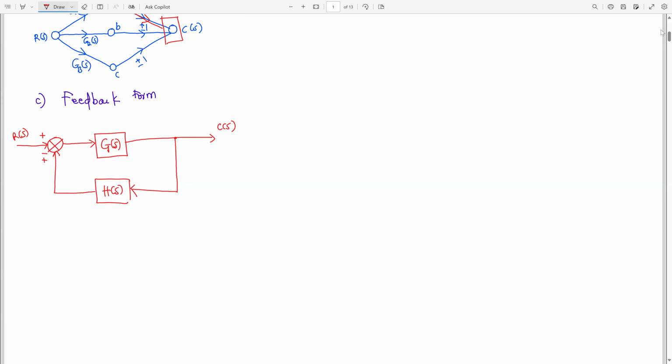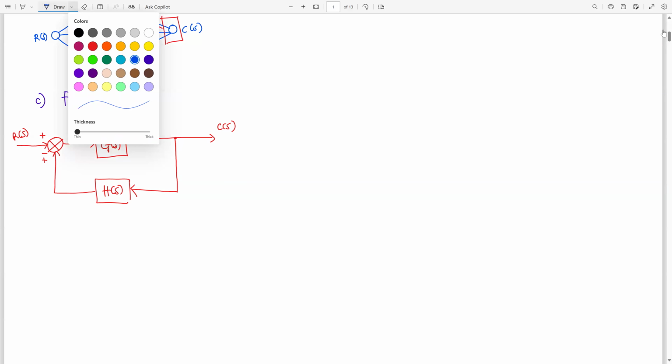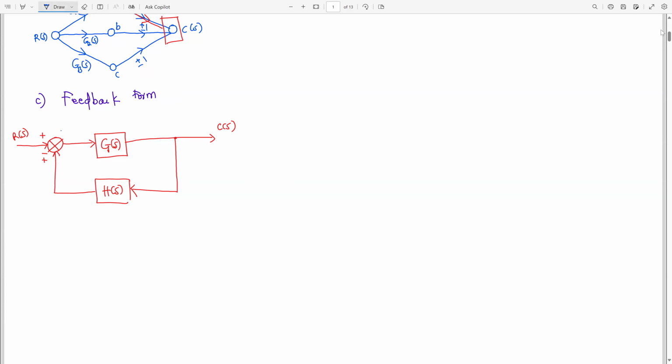So I'm going to name my internal signal as A, right? And then there's no need to name this one because it's the same as the C of S, right? And there's no need to name this one too because it's the same as the C of S.